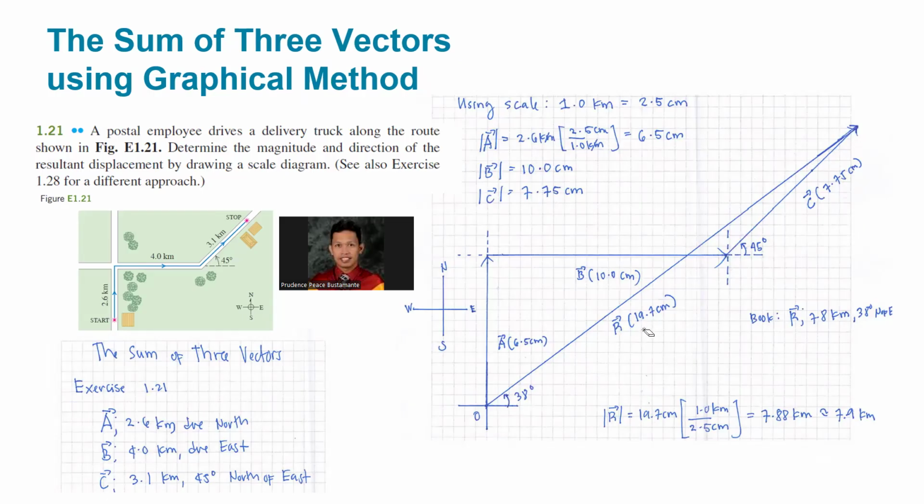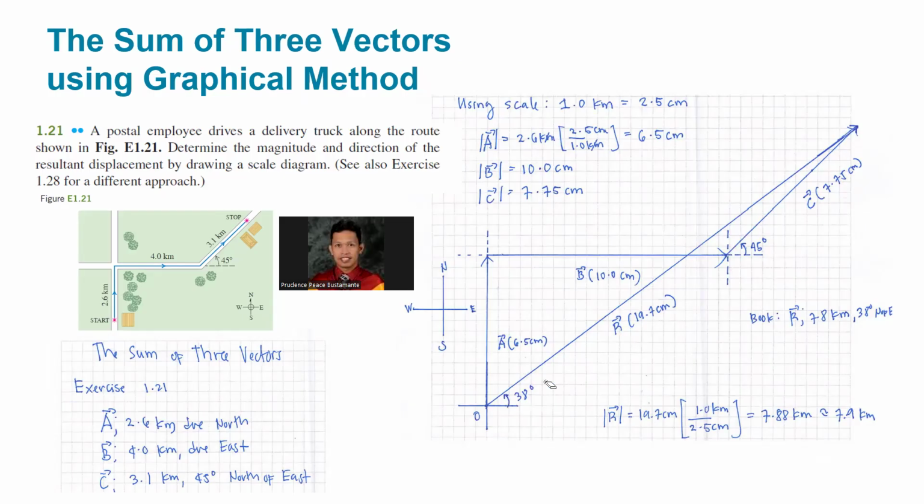So if we measure this one, it's about 19.7 centimeters. If you convert this back using the scale, it will become 7.88 kilometers or 7.9 kilometers. So the answer in the book is about 7.8 kilometers. So we have an error here.